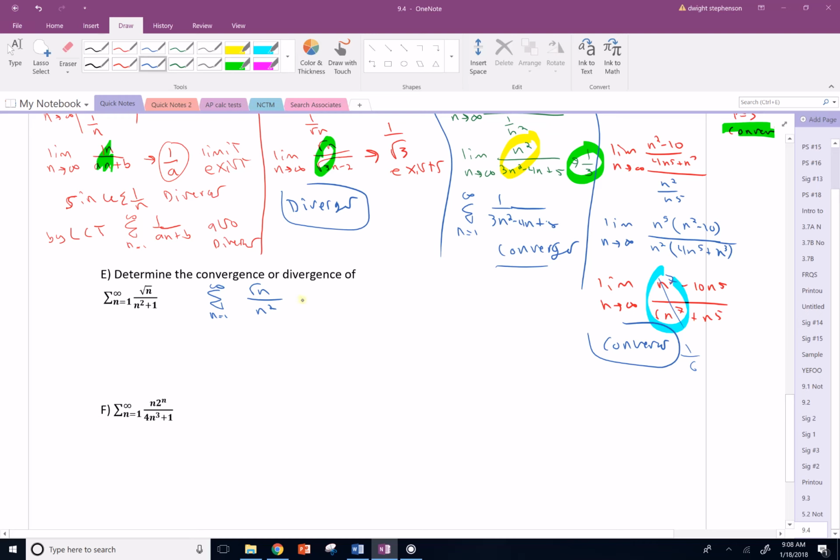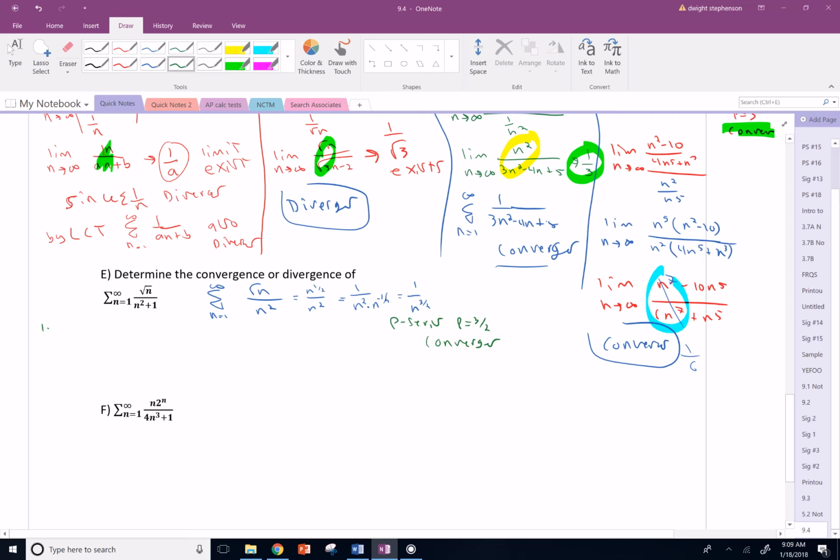Which square root of n over n squared is the same as n to the 1/2 over n squared, which is the same as, take 2 minus 1/2, right? Bring this 1/2 to the bottom. I guess I can write that step. n squared times n to the negative 1/2, which is going to be 1 over n to the 3/2. Right, and so this one is a p series with p equals 3/2, which means it converges, right? p is greater than 1.